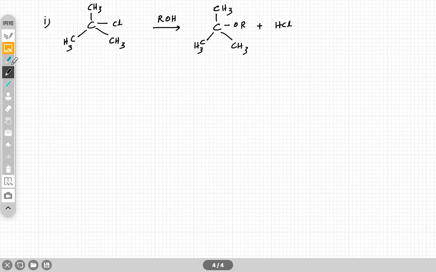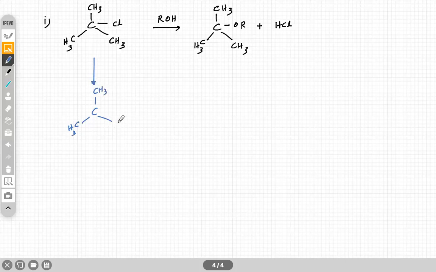How does this reaction go? First of all, this gives us a carbocation, which is a tertiary carbocation, with CH3, CH3, CH3 and a positive charge, and Cl minus goes out.